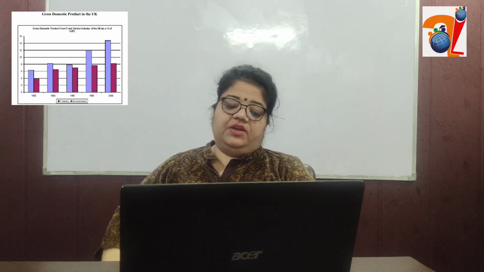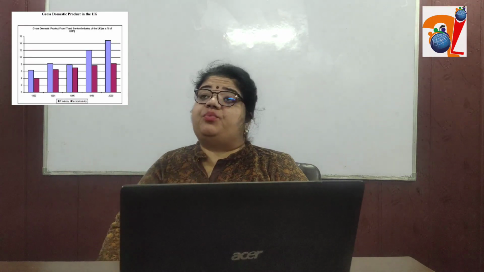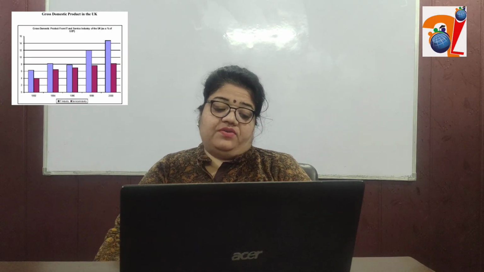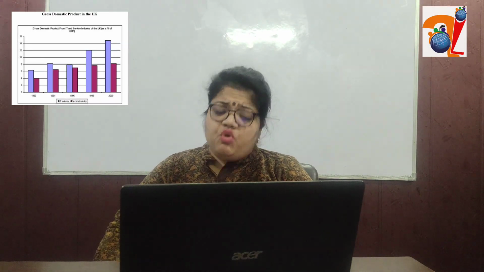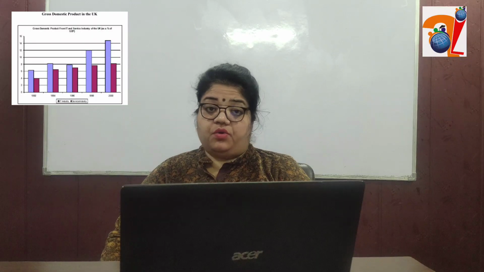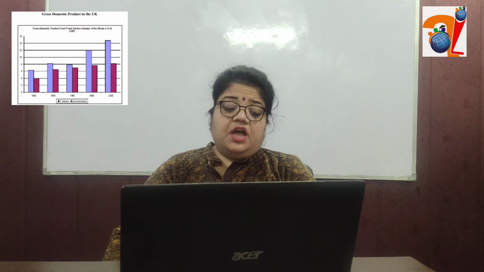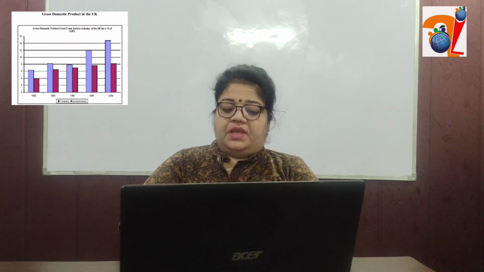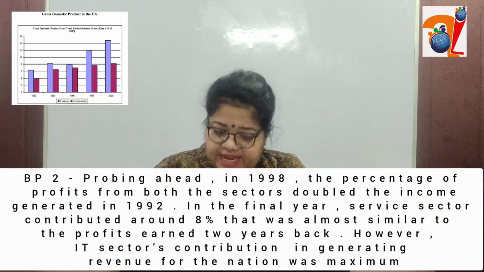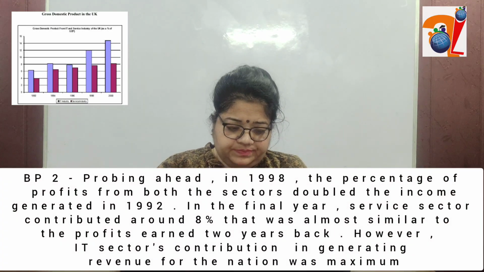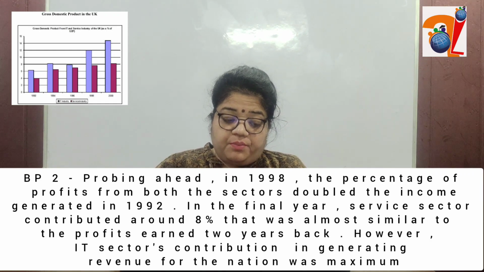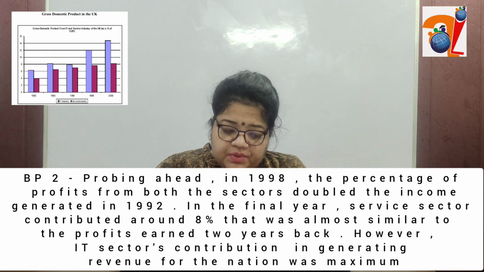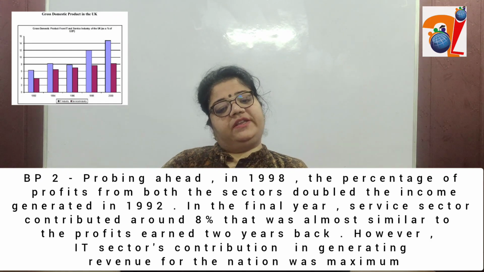So here we will be continuing, either writing probing ahead, or you can write scrutinizing further, moving ahead, comma. You always have to be very careful about the use of comma. Then in 1998, see what we have done. Look at your screen. The percentage of profits from both the sectors doubled the income generated in 1992.